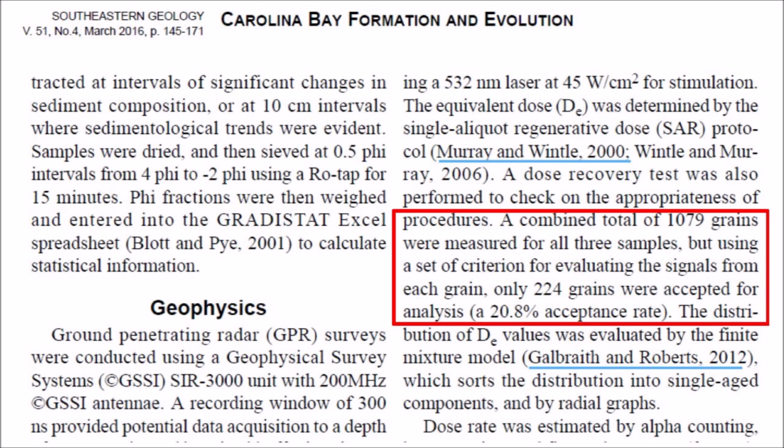Quote, "A combined total of 1,079 grains were measured for all three samples, but using a set of criterion for evaluating the signals from each grain, only 224 grains were accepted for analysis, a 20.8% acceptance rate." End quote. In essence, only about 20% of the samples were used to derive the dating results.